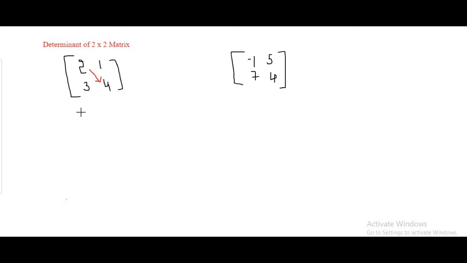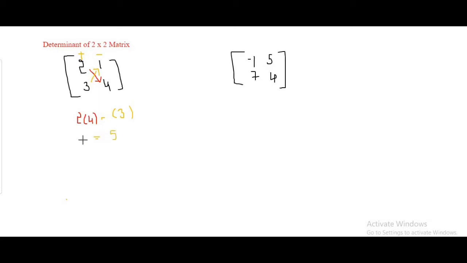We take a cross multiplication like thing. We take 2 times its cross, which is positive 4, and we have to take alternating symbols from element to element. So 2 is positive and 1 is negative. Positive, negative, like that. So negative 1 times 3 is negative 3. 4 times 2 is 8, 8 minus 3 is 5.